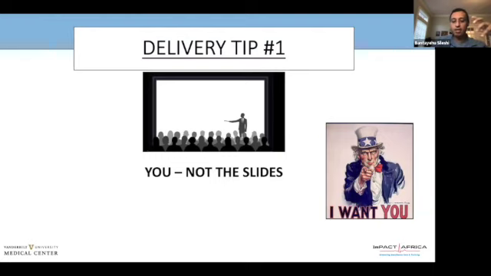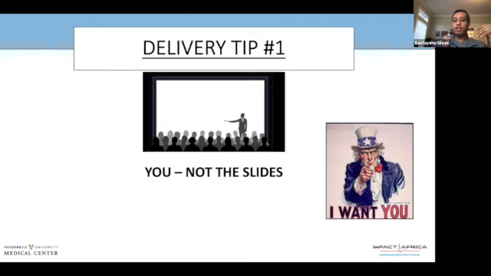What that means is sometimes people are so focused on the slides, they are talking to the slides and not to the audience. So you need to engage the audience. Don't forget that your slides are your tools to help you connect with your audience. It doesn't mean that you need to be absent. Okay?